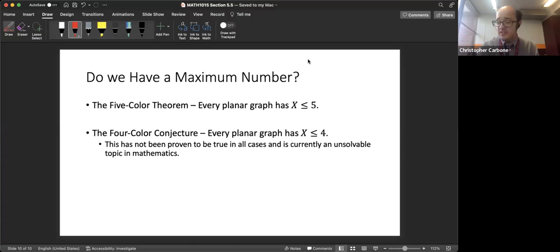That 4-color conjecture, however, has not exactly been proven in all cases. So it's certainly possible that some of them do, but it's also possible that there's others that might not. And it's one of those open cases in mathematics right now, for that particular conjecture.